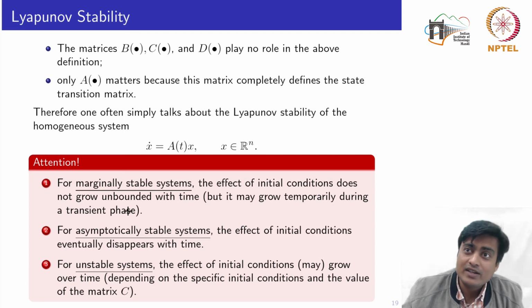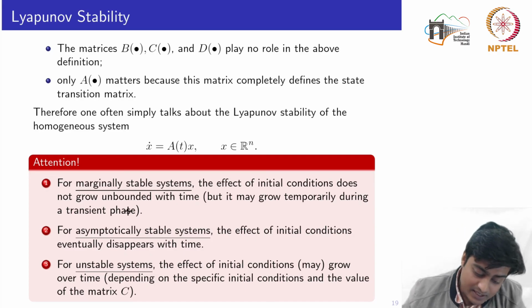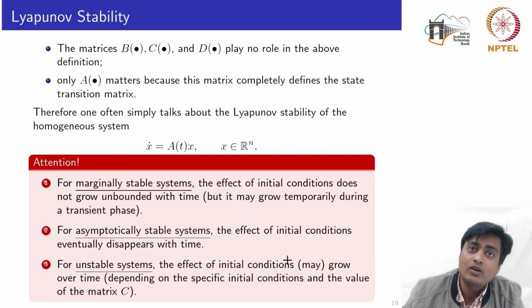Whatever is happening in the transient state, stability in general is not concerned with that. Now for asymptotically stable systems, the effect of initial conditions eventually disappears with time, and for unstable systems the effect would grow over time, depending on the value of the C matrix, that is how fast or slow it is growing.